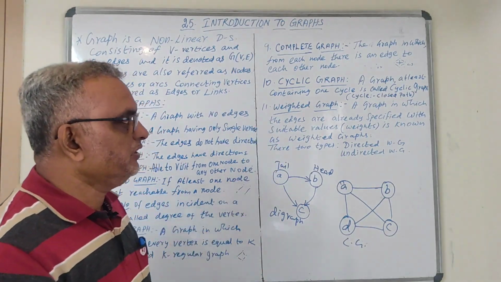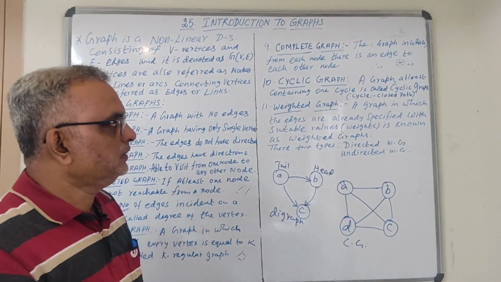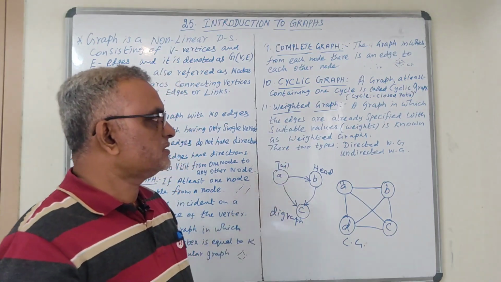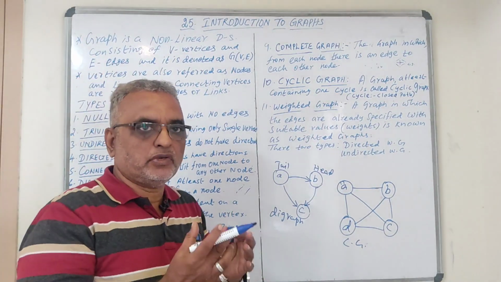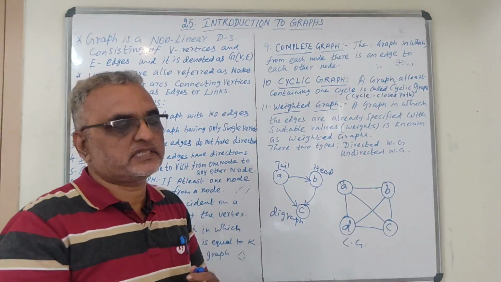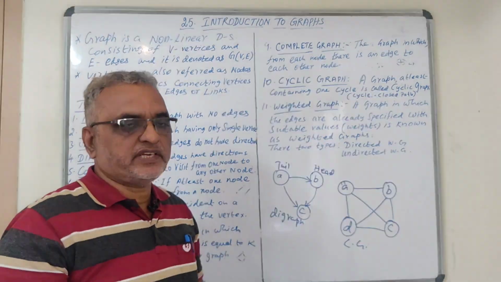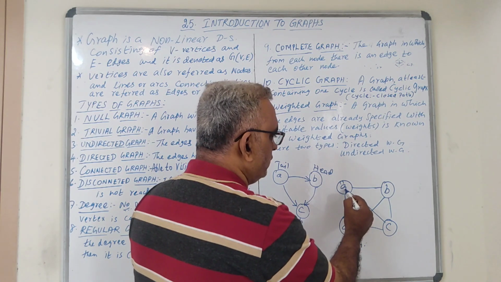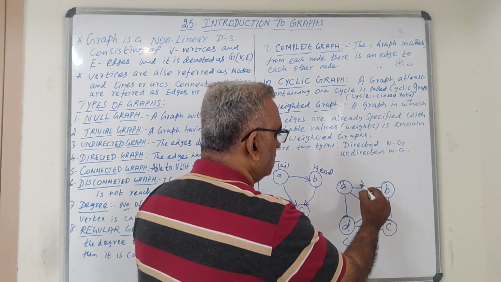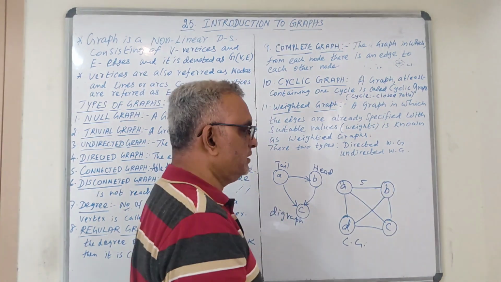The next one is weighted graph. A graph in which the edges are specified with some suitable values is called a weighted graph, and these values are called weights. For example, let us consider from A to B we have a value like this.